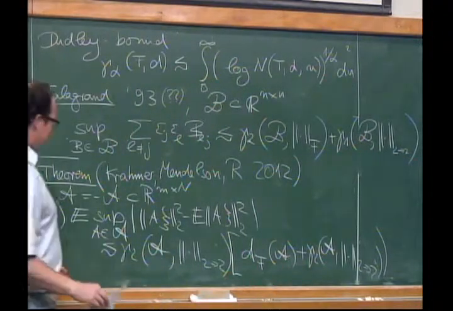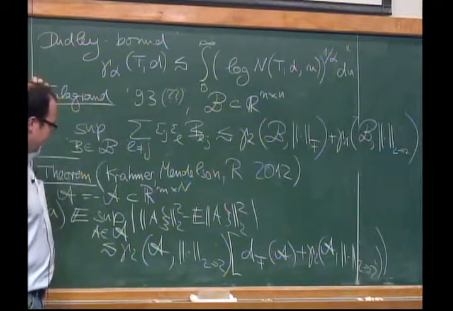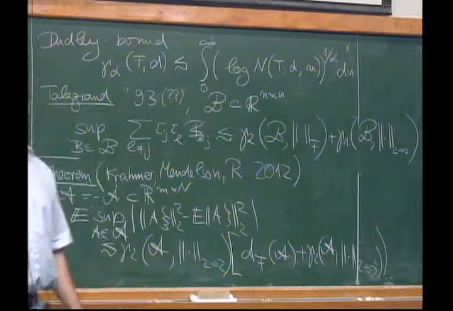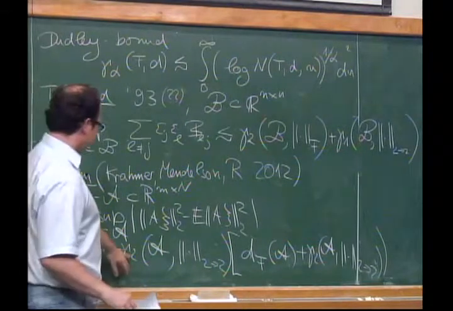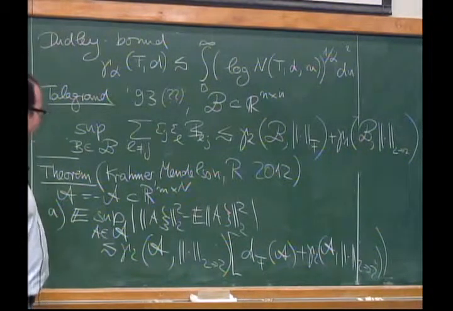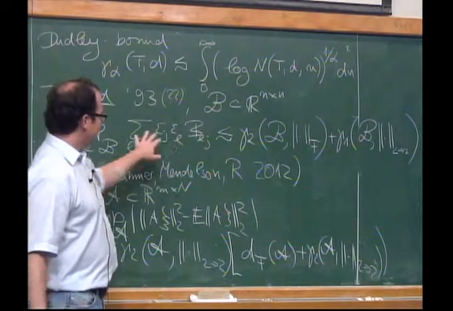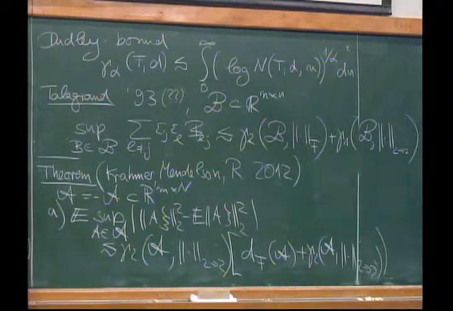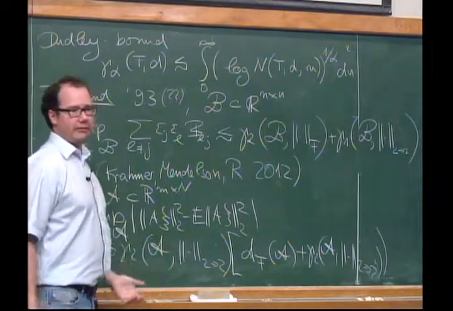So the crucial improvement is that you don't see a gamma 1 functional anymore. You only see a gamma 2 functional, and it's the sub-Gaussian behavior which is responsible for that. It's a bit surprising because you know that the larger tails behave sub-exponentially, but still we don't see a gamma 1 functional here.